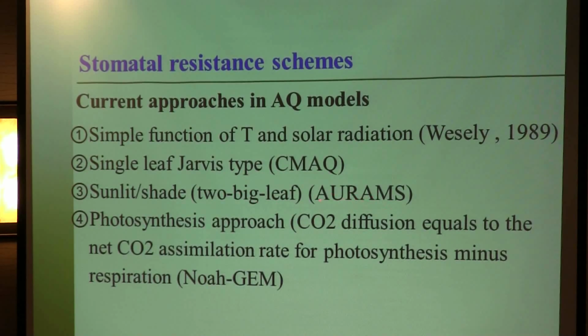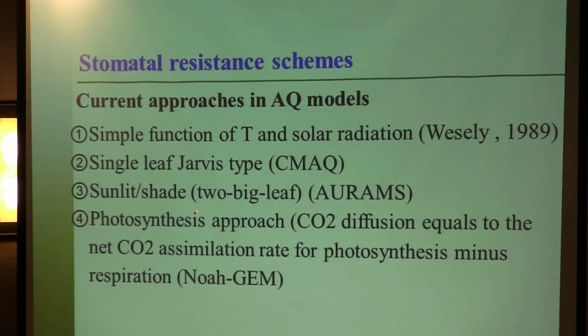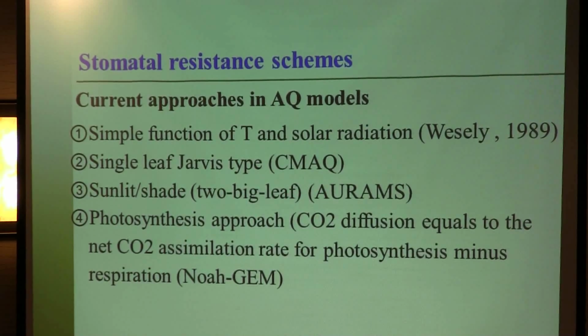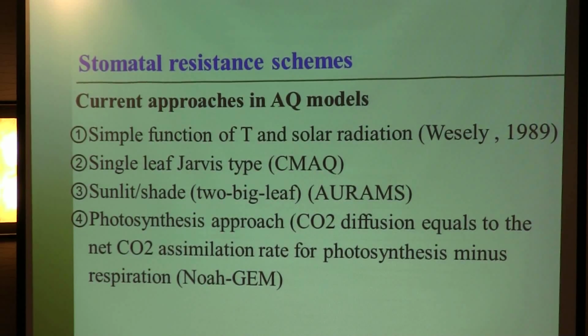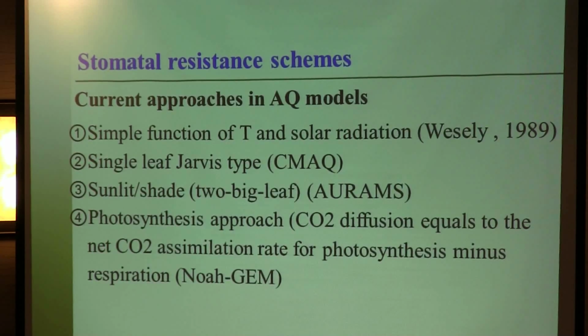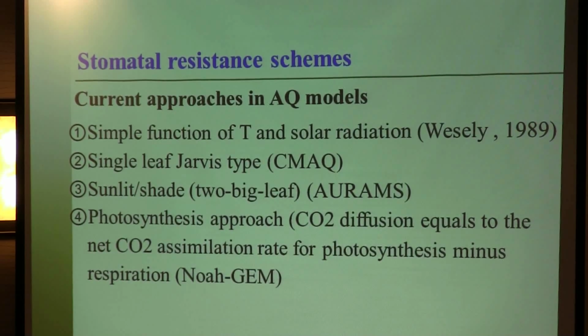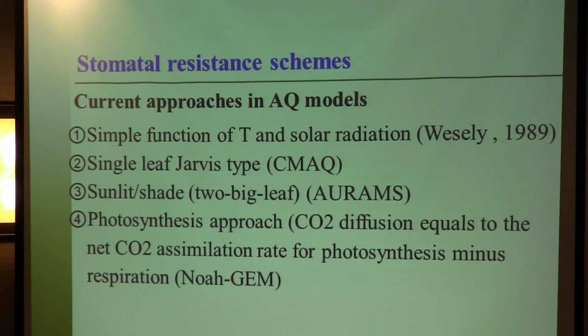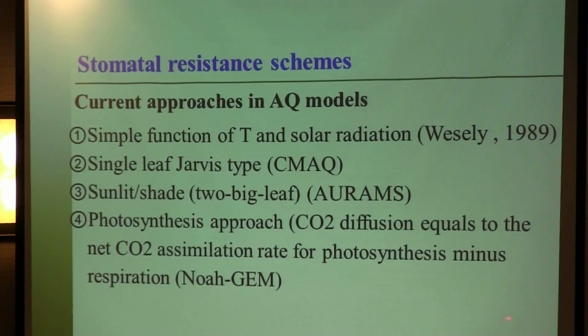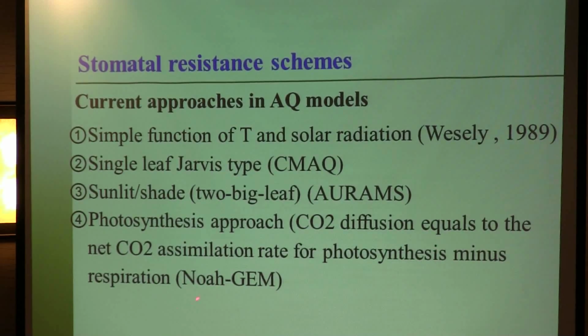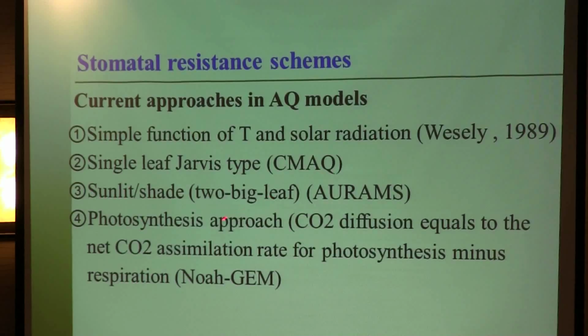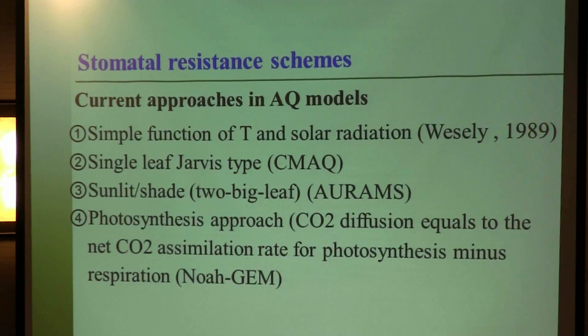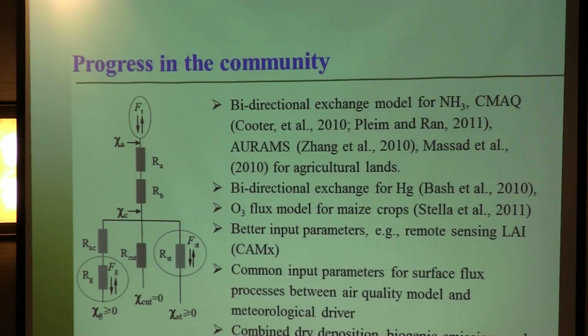And the Canadian air quality model, AURAMS, uses the two-big-leaf model, which means we treat the whole canopy as sunlit and shaded fractions. And some models even consider the CO2 effect. I am not going into details on that.